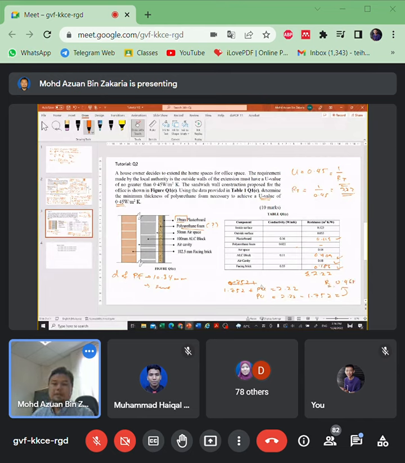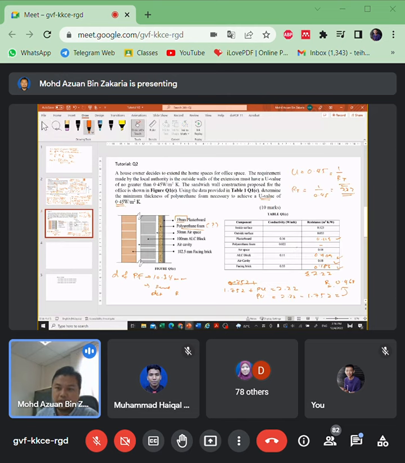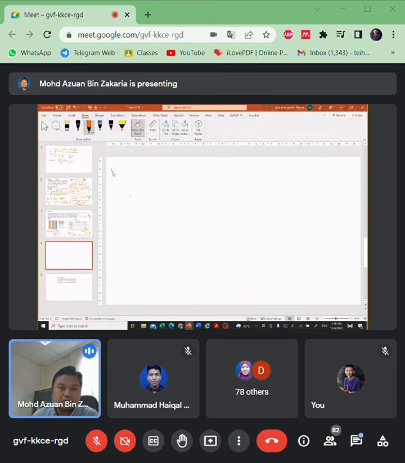Okay. Then to know the thickness, R equal to, sorry lah, strength sikit lah. Okay, so we obtain R value is 0.468 for polyurethane.